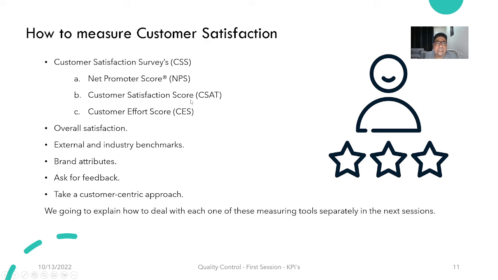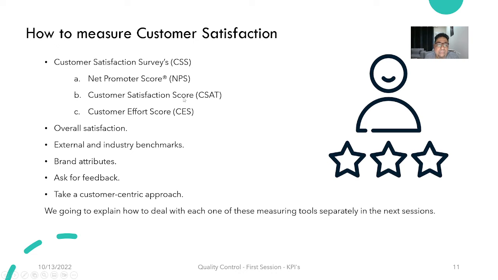Okay, how to measure customer satisfaction. This is an important tool. We need to know how we can measure customer satisfaction. Each and every KPI report consists of many components, such as customer satisfaction, time of reply to client queries, time to reply to our contractor queries, and time to reply to our contractor submittals. The most important one is how we can measure our customer satisfaction.